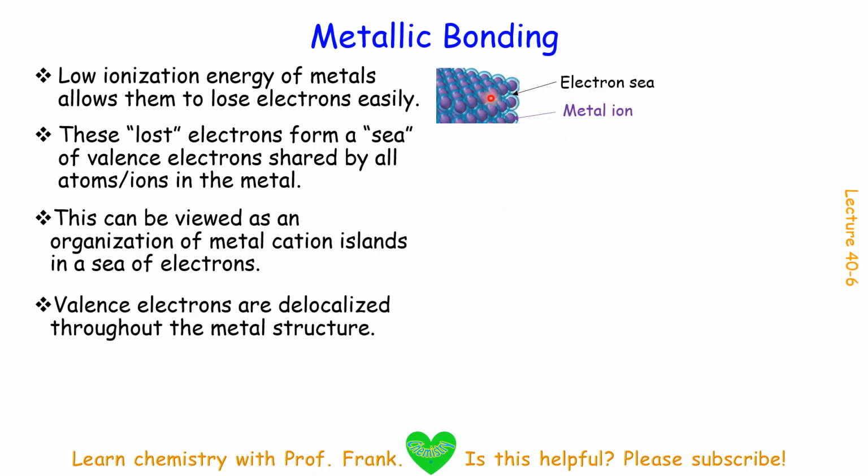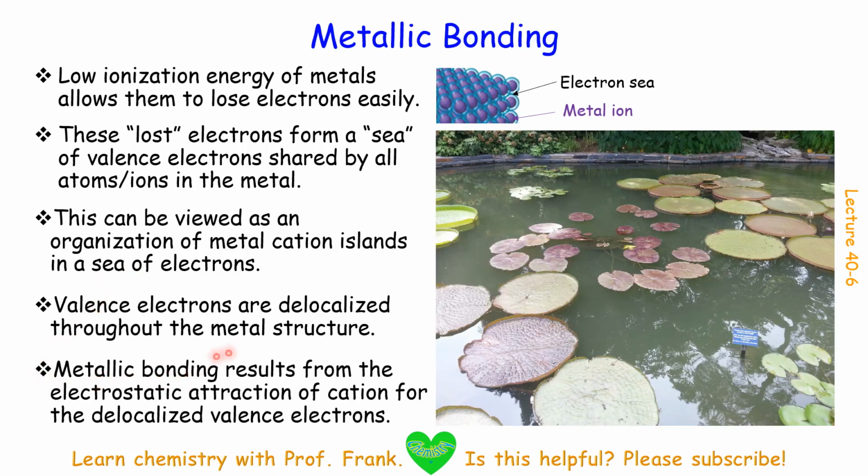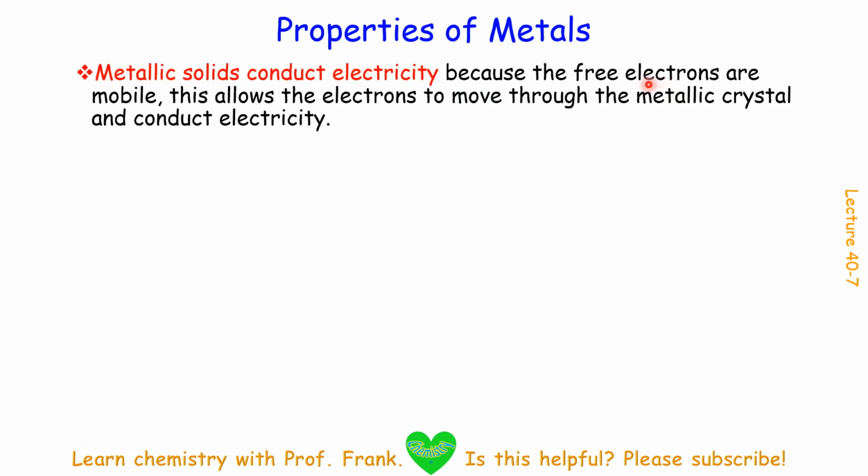The valence electrons are delocalized throughout the metal structure. They are not localized electrons anymore. Metallic bonding results from the attraction between the cation islands and the electron sea. That's the mechanism for metallic bonding.